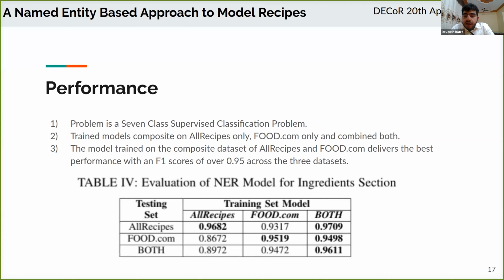So we found that it is far better to actually merge both the corpora for training and testing purposes to have a better score. And you can easily see we have consistent F1 scores of about 0.95 or above in all of the possible corpus combinations.